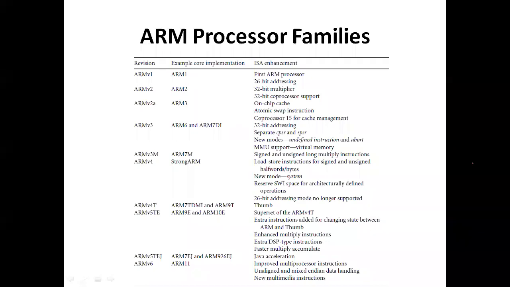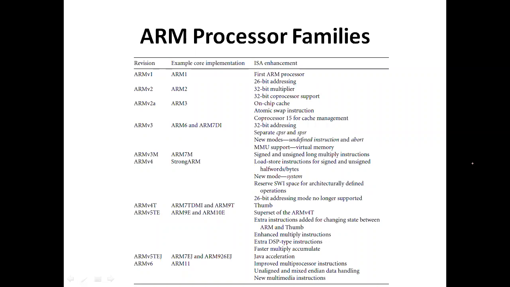Next, ARM 6 and ARM 7 DI belong to ARM version 3. These are the first ARM processors with a 32-bit address. ARM 3, ARM 2 and ARM 1 had only a 26-bit address, but from ARM 6 and ARM 7 onwards the processors have 32-bit addressing, and separate CPSR and SPSR are provided.